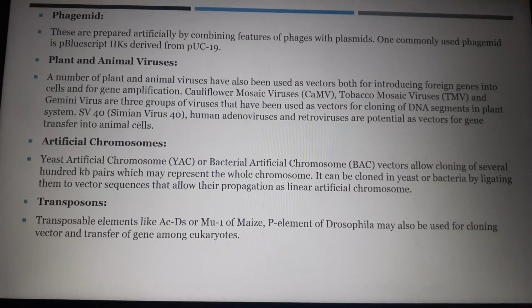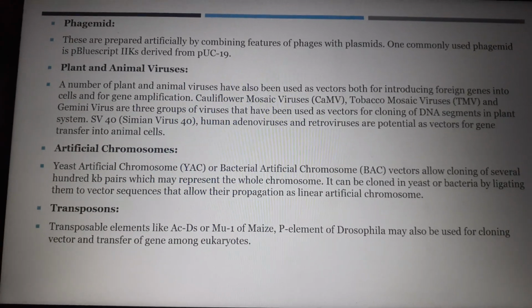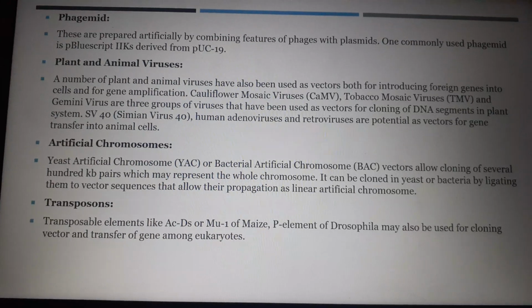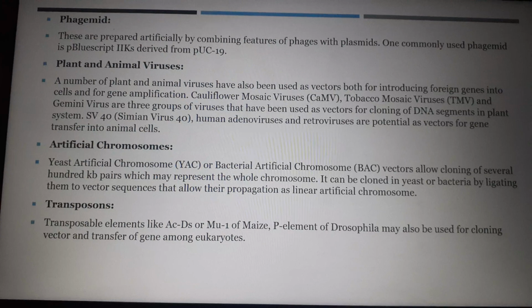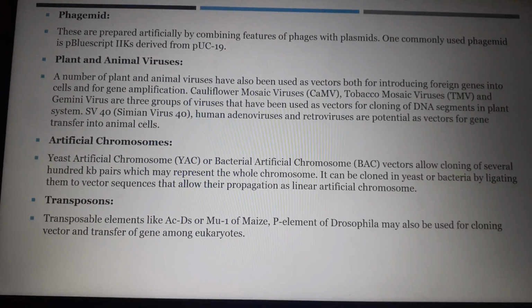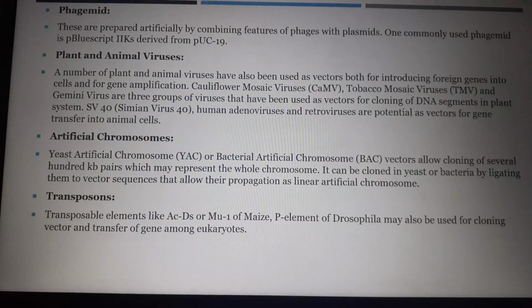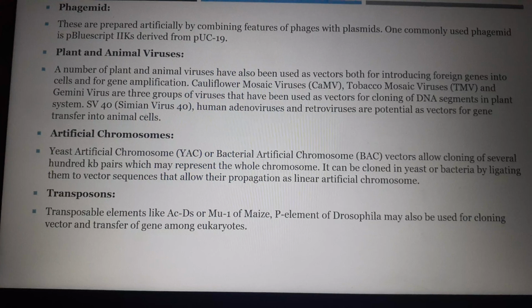And plant and animal viruses: a number of plant and animal viruses have also been used as vectors, both for introducing foreign genes into cells and for gene amplification. We have learned about tobacco mosaic viruses, right? So how are they separated from the group of viruses?